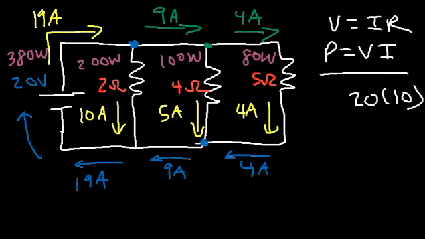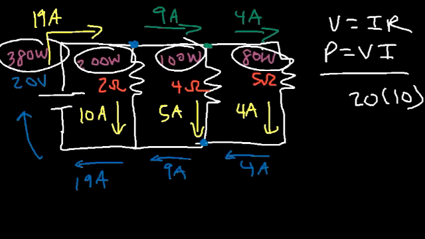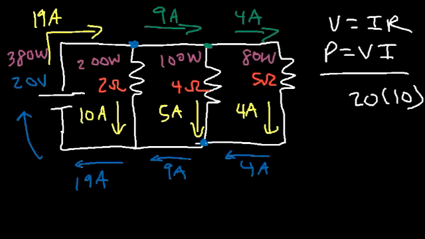So if you add 200 watts plus 100, that's 300, plus 80, that's 380, which equals the total power delivered by the battery. Now what about the equivalent resistance? Let's find it using both techniques as we did in the last example.